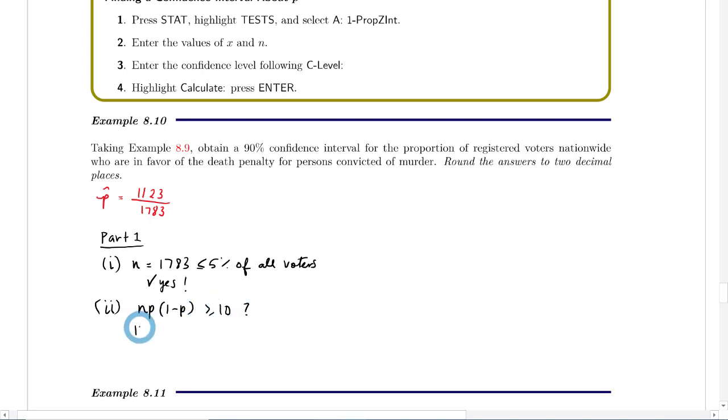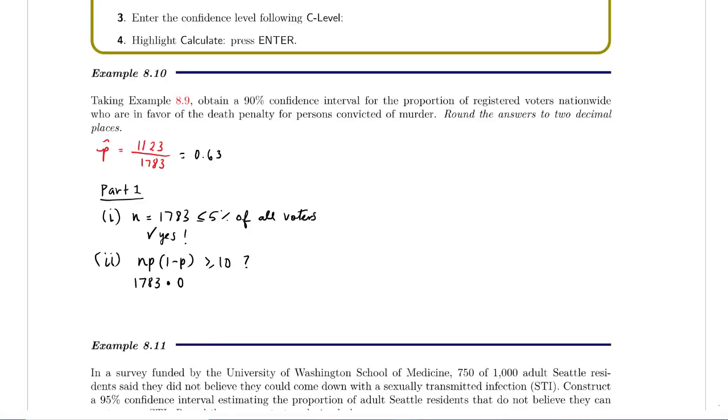So let's take 1,783 times the p hat, the p, which is 0.63, times 1 minus 0.63.